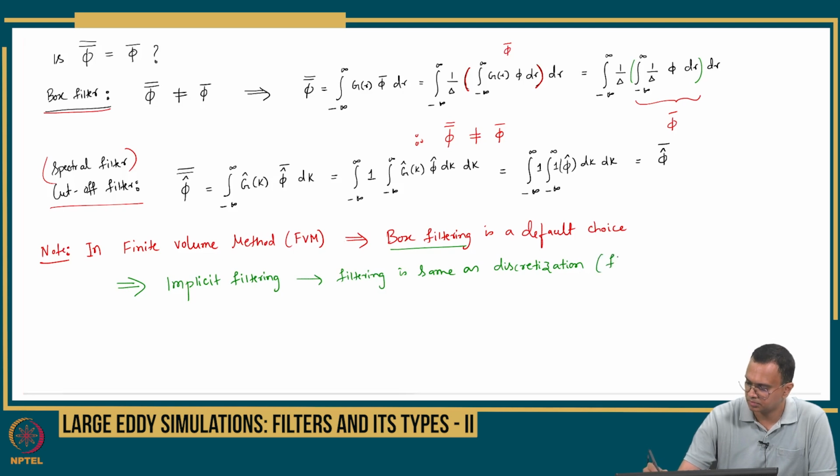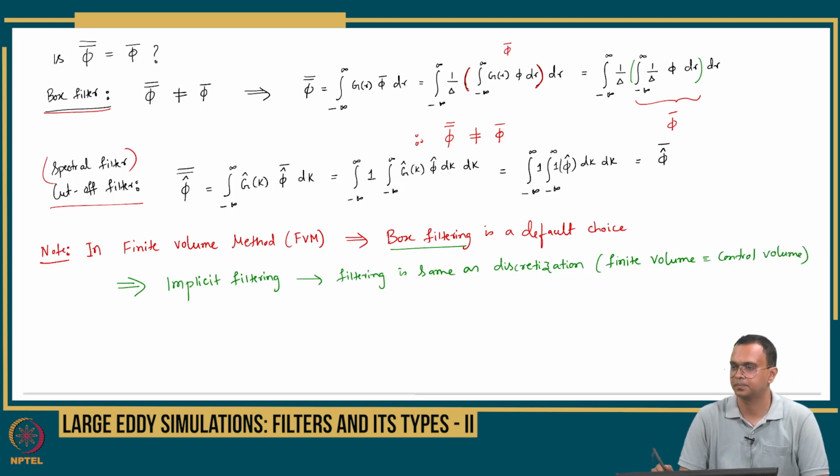That is your finite volume or control volume, just the mesh size. So you don't have to do an extra filtering operation.